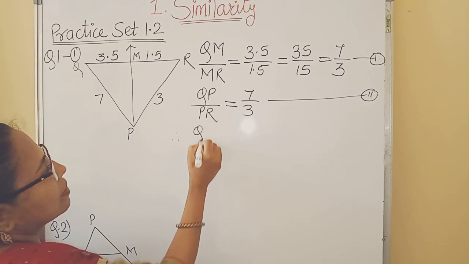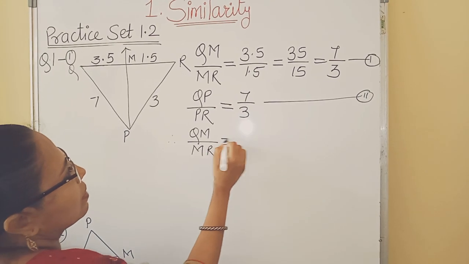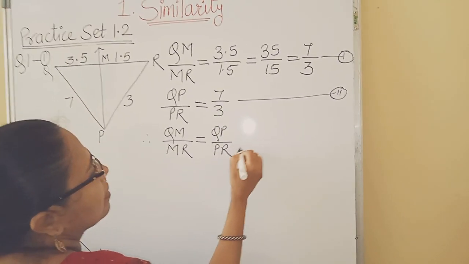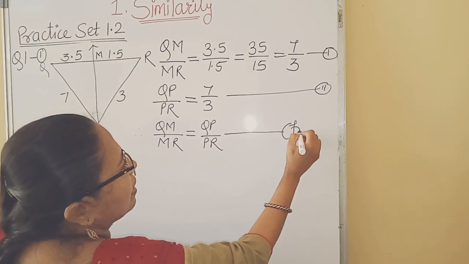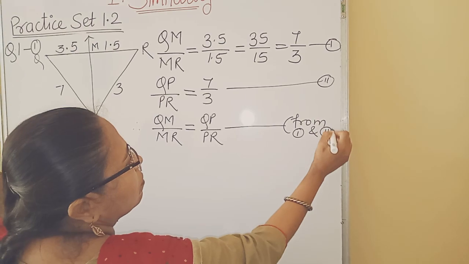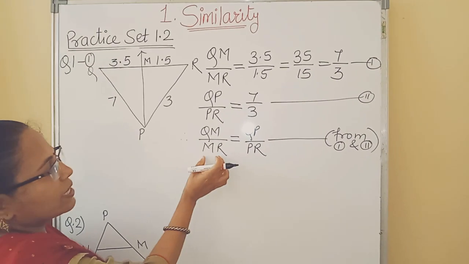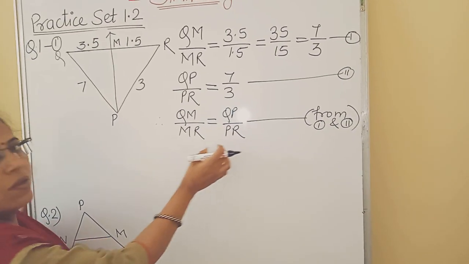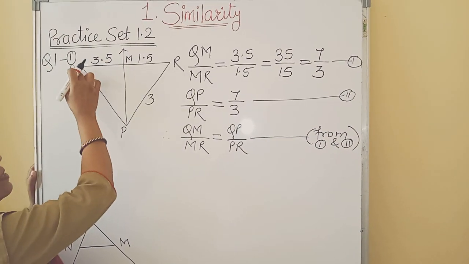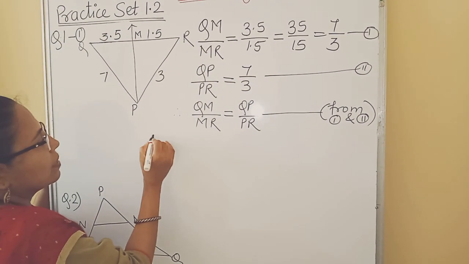Therefore, QM upon MR equals QP upon PR. Reason: we can write from 1 and 2. So here we got these two ratios equal, so we can say that ray PM is the bisector of angle QPR.